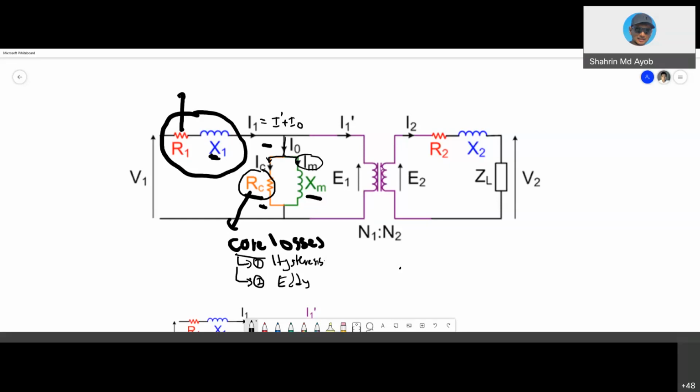And then we have the induced voltage E2, and we have the voltage V2.